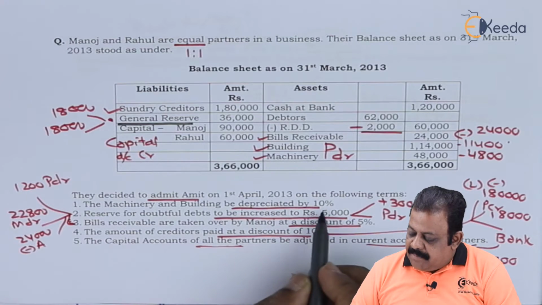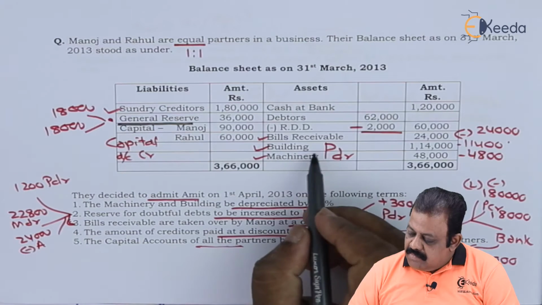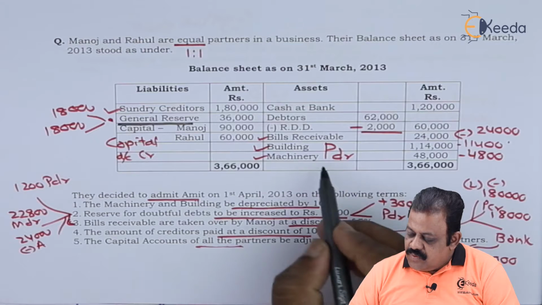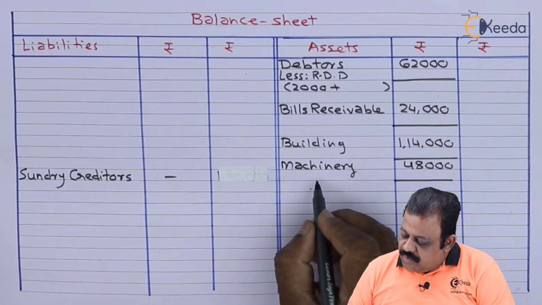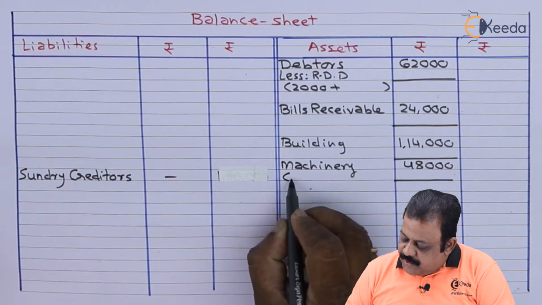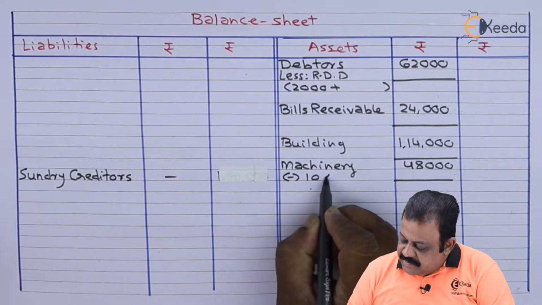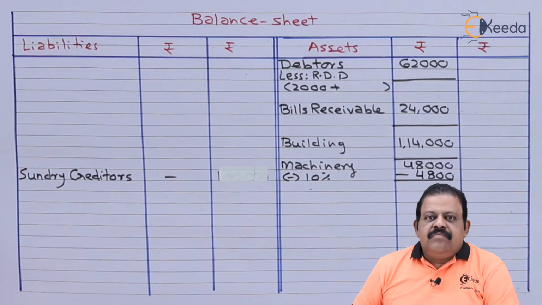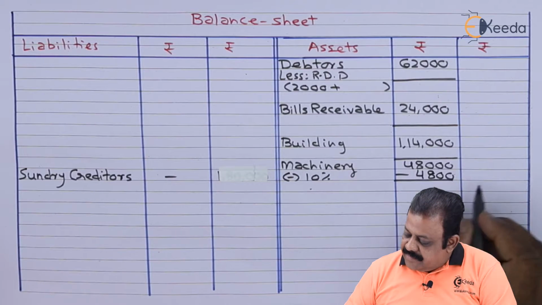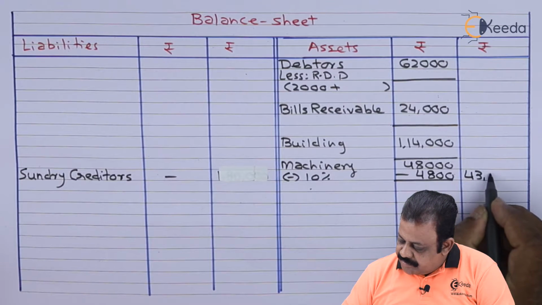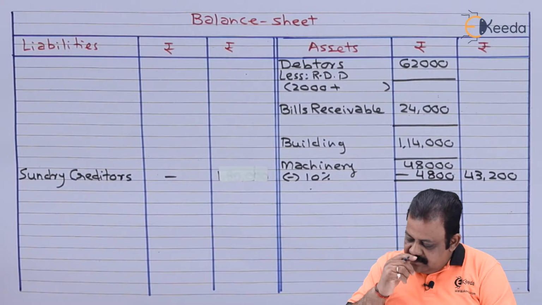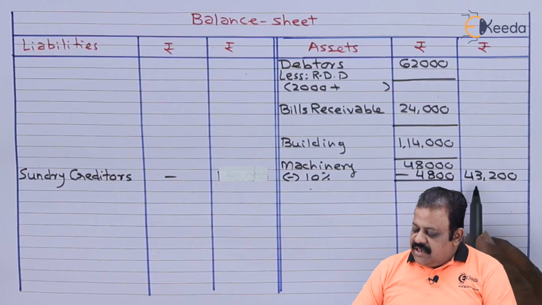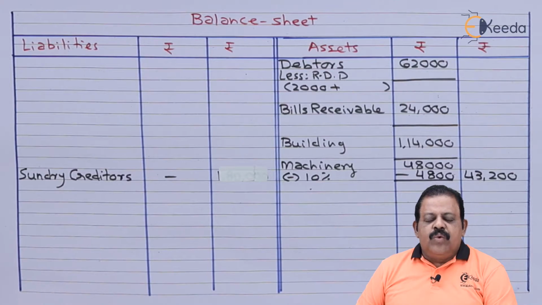Machinery and building to be depreciated by 10%. Machinery, here we have 48,000. From machinery we are required to reduce 10%. It's 4,800. Balance of machinery 43,200.